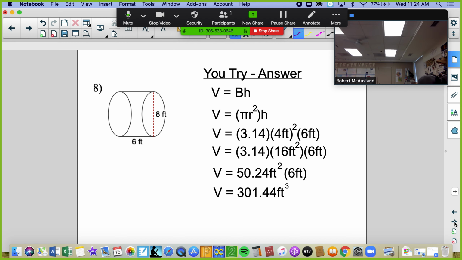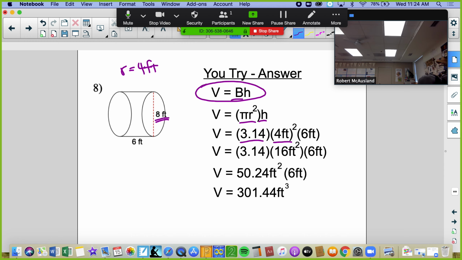So we have our formula, volume equals big B times H. The base shape is a circle, so we're going to plug in pi r squared, which is the formula for area of a circle, times its height. Pi, we're going to plug in 3.14. The radius, notice that they give us the diameter, so the radius is going to equal 4 feet.